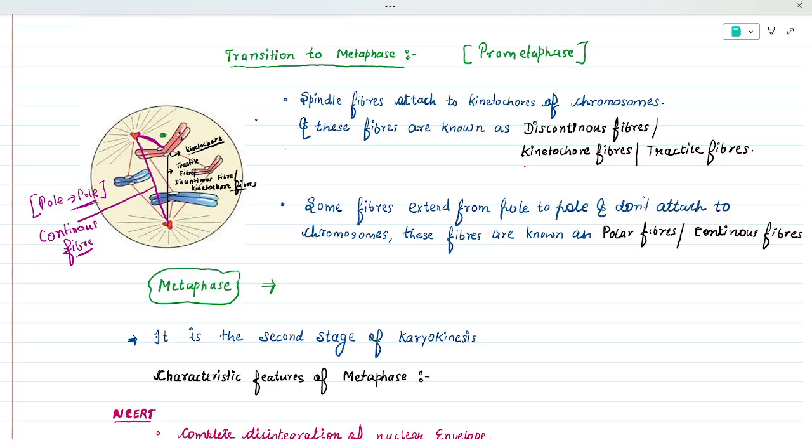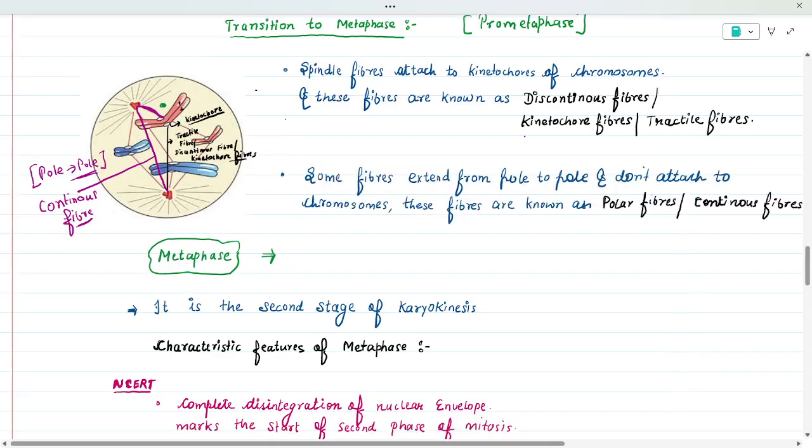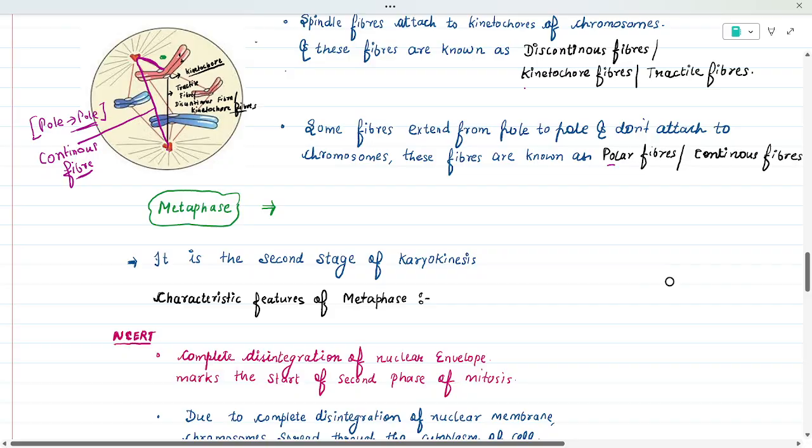And some fibers are extending from one pole to another pole, and these fibers are not attaching to the chromosomes anywhere. These are just attaching from one pair of centrioles to the other pair of centrioles. So this type of spindle fibers are known as polar fibers and continuous fibers, as they are not interrupted by any of the chromosomes.